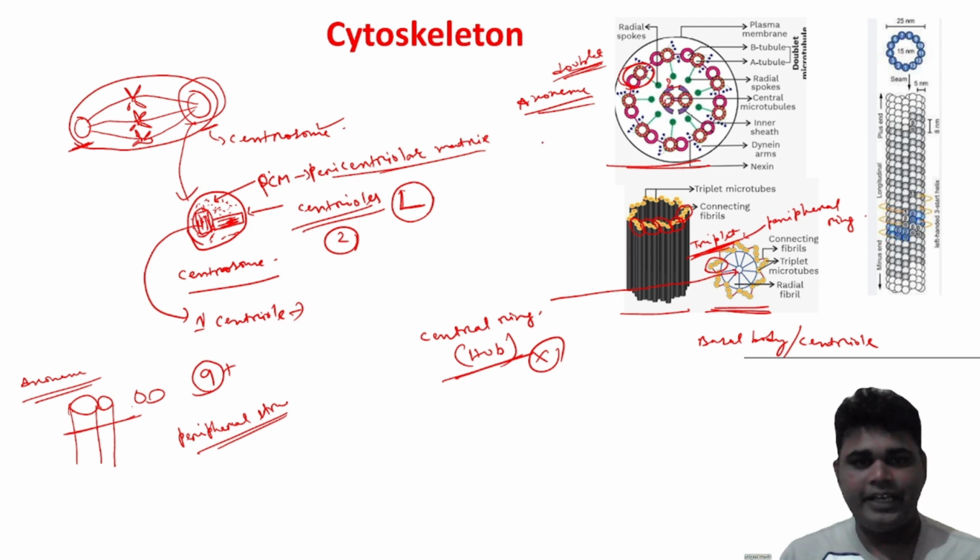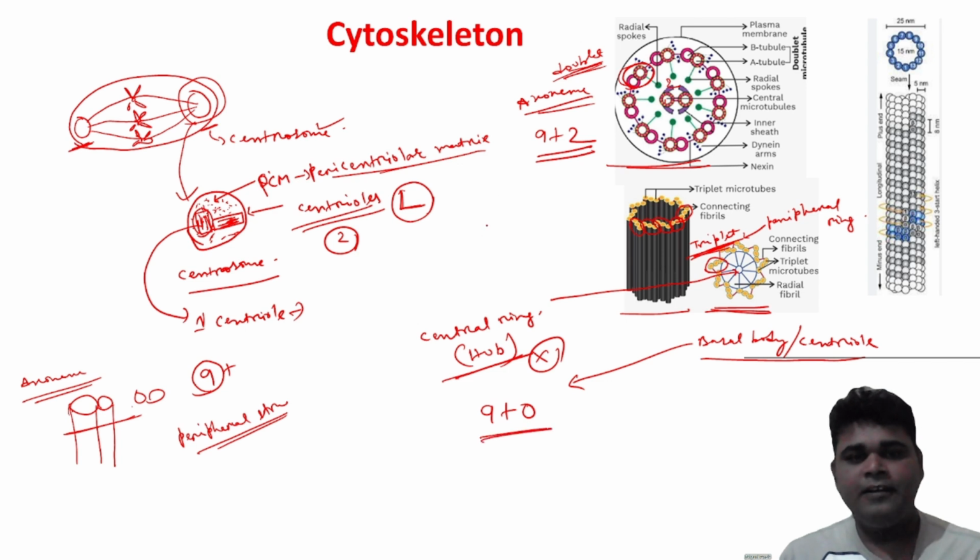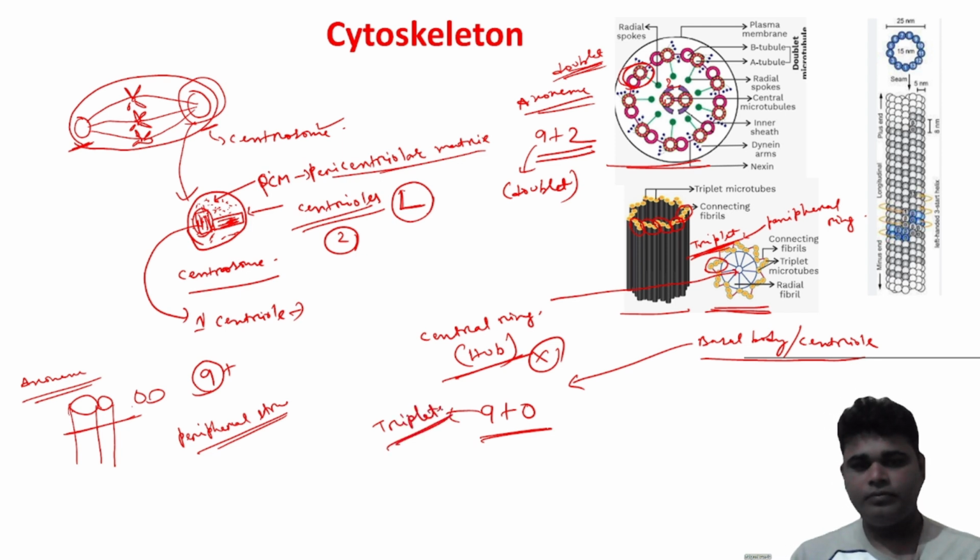That is why the axoneme is called the 9+2 arrangement, and the basal body or centriole is called the 9+0 arrangement. Here the 9 are doublets, and there the 9 are triplets. This is the main difference between the axoneme structure and the basal body structure.